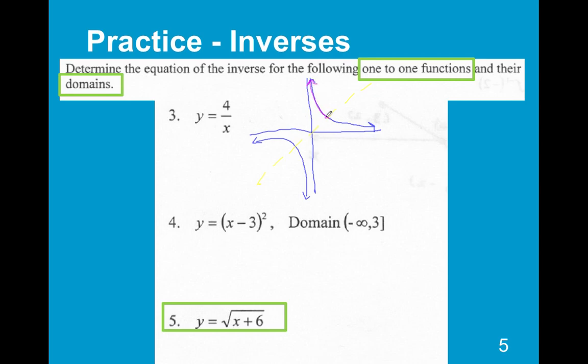This branch, part of the positive branch, reflects exactly onto the smaller part. This part of the negative branch reflects exactly onto this point, right?